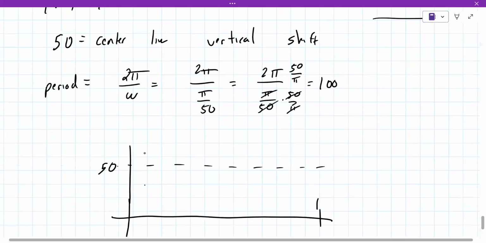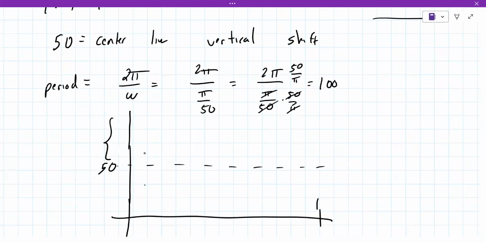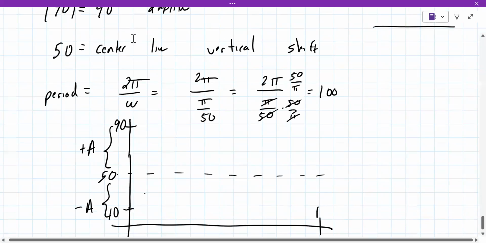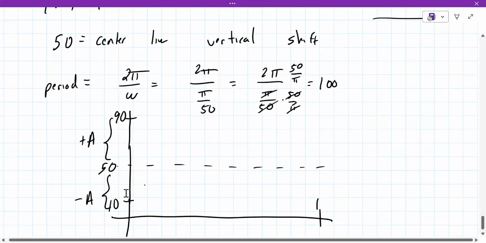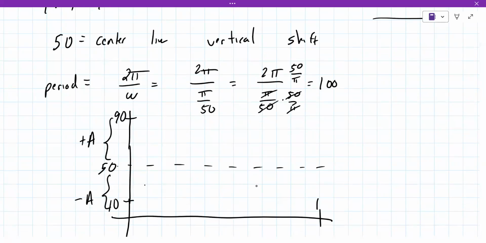So it always goes up the amplitude and then it goes down the amplitude, which is at 90 and 10. That number comes from A. A is 40. So it goes up to 90, down to 10, and it gets back to that same point. So it goes down, comes back up like that. Okay.